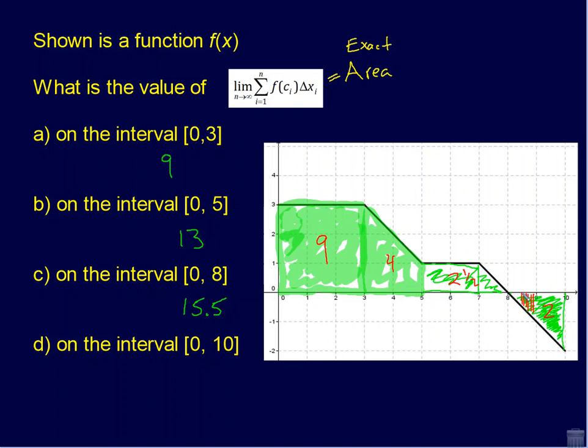However, the function values that define these lengths here are negative. So as I found the product of the function value times the width, I'm actually going to get a negative number because the function value is negative, but the width is positive. Which means adding all that together is adding up a bunch of negative numbers, which means really I'm going to get an answer of -2 here.